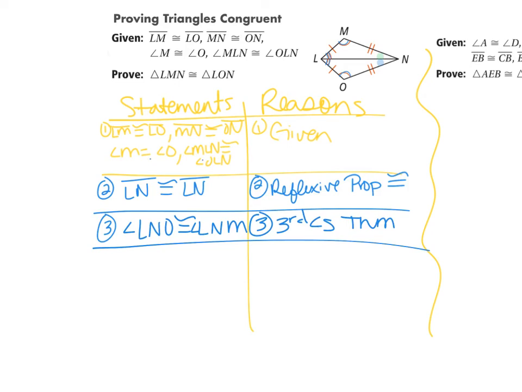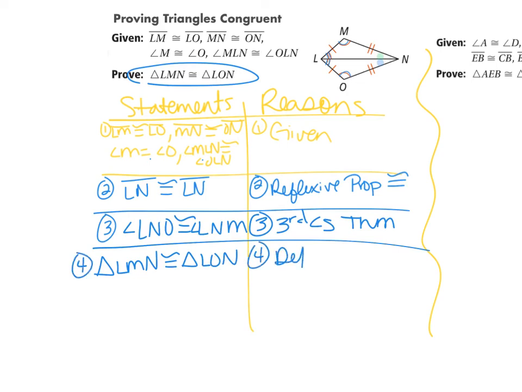Yes, because we listed two of them in given. Okay, so we have enough information to say that those two triangles are congruent. So that would be the triangle LMN, and remember the order matters, but they already give it to you right here, so just write that down, is congruent to LON. And the reason is the definition of congruent triangles, because we said all the angles are congruent and all the sides are congruent.